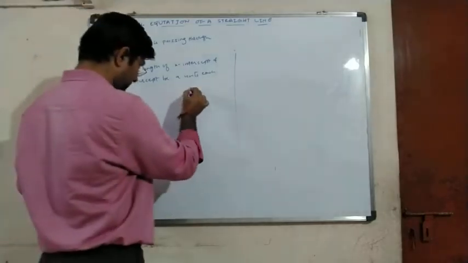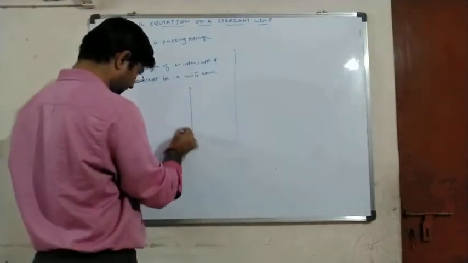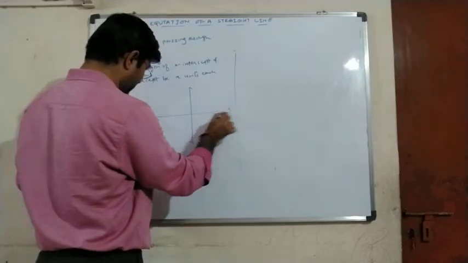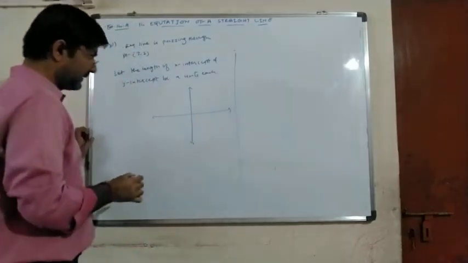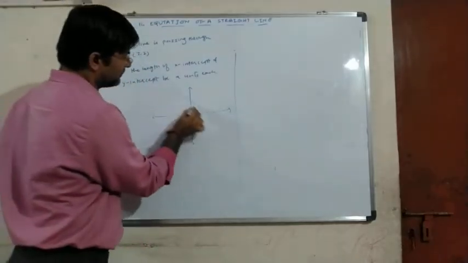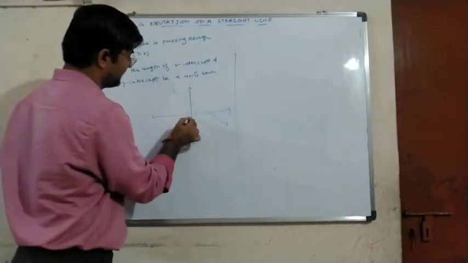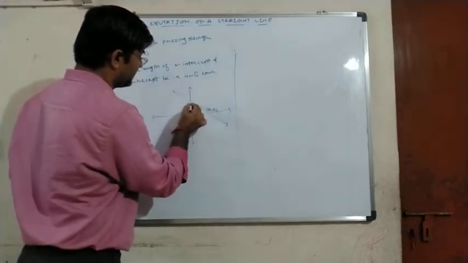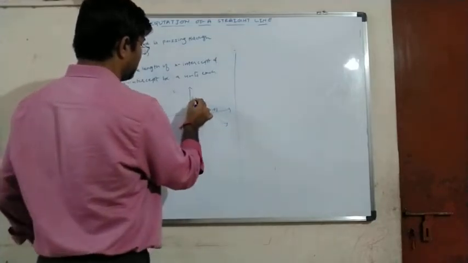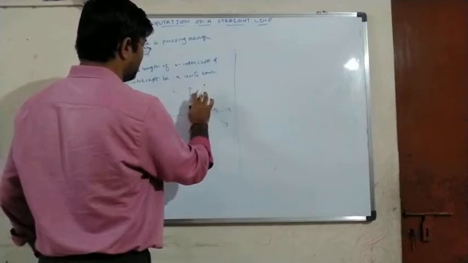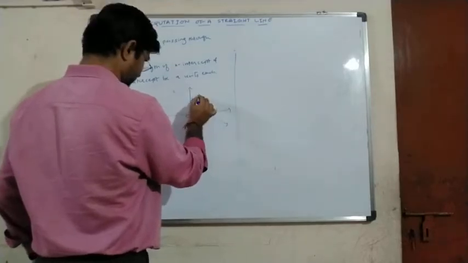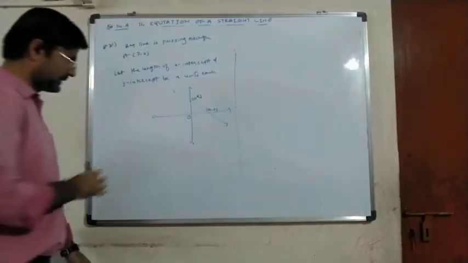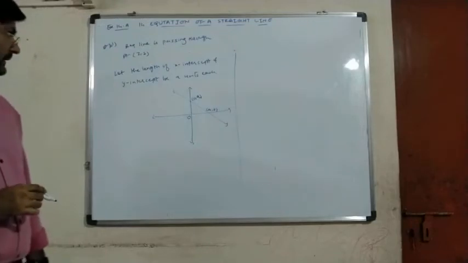Let us try to understand this better with the help of the diagram. Here the required line is making positive equal intercepts, so the required line will be passing like this. Here this point will be (a, 0) and this point will be (0, a). Clear? So we have 2 points on the two axes.